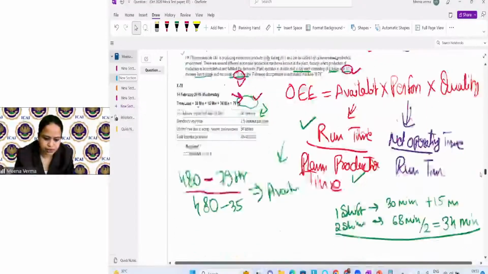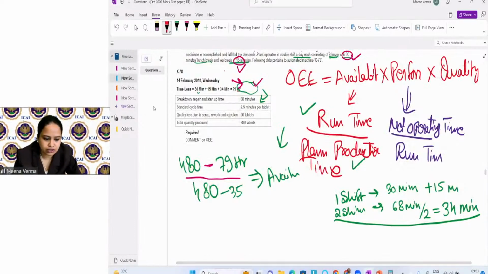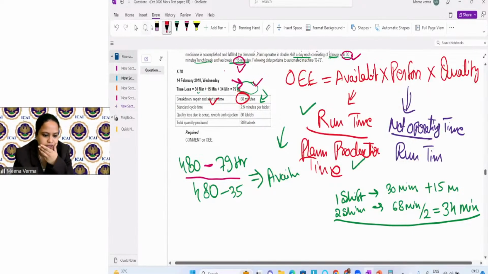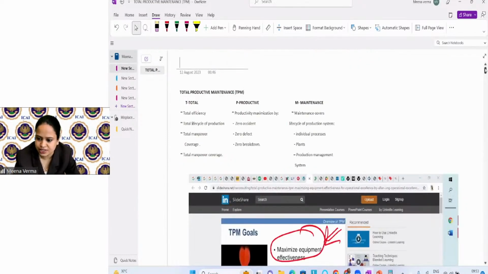Okay, here you can see breakdown loss is 34 minutes, half of this value, and the loss due to lunch break or tea break is 45 minutes. See, it will be easy for you to understand in this way.